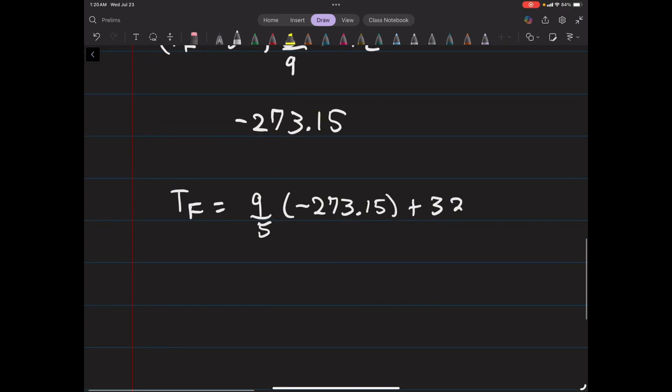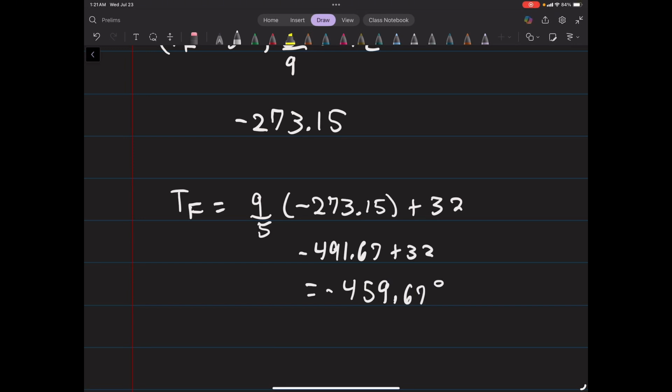So that gets me minus 491.67 plus 32. So that'll be minus 459.67 degrees, and that is in Fahrenheit.